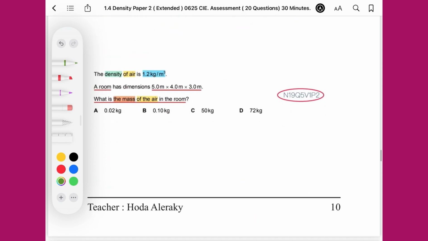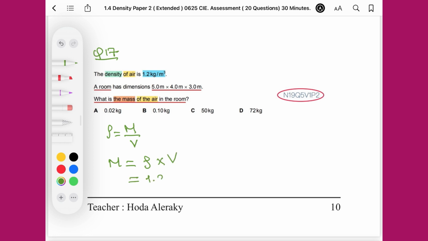Question 17. The density of air is 1.2 kilogram per cubic meter, and you have dimensions of a certain room, and the question is asking you to find the mass. Also, you have to rearrange your equation. So density is equal to mass divided by volume. Rearrange. Mass is equal to density times volume.